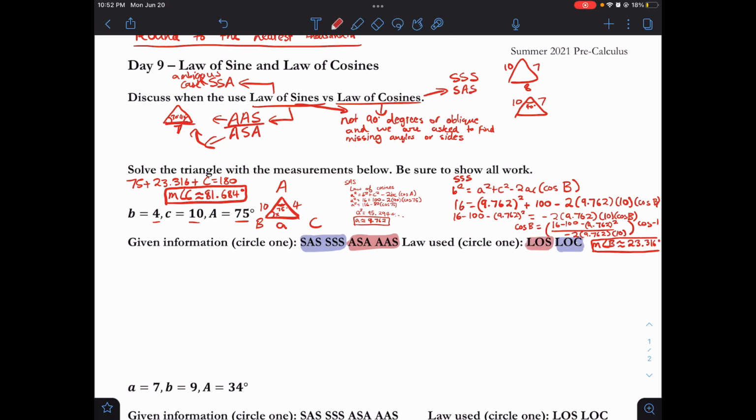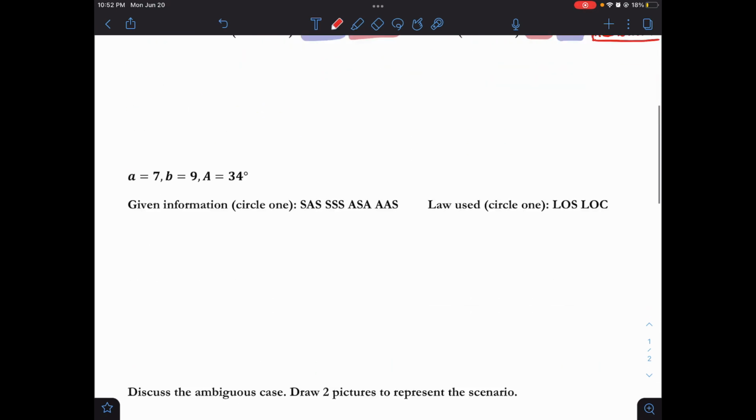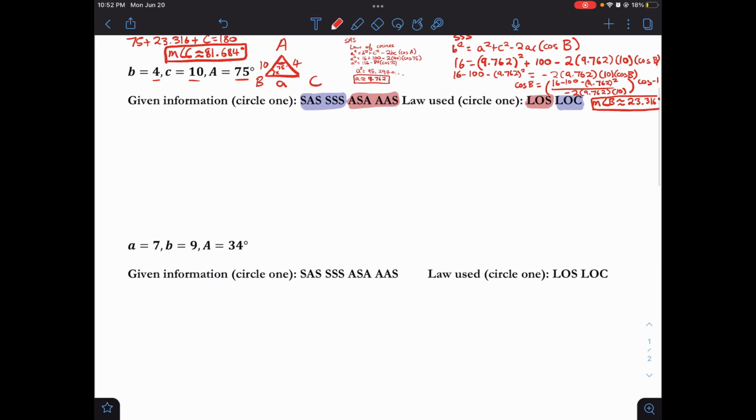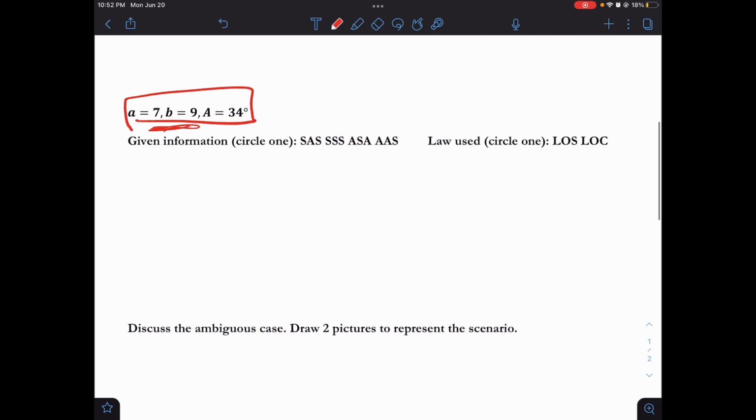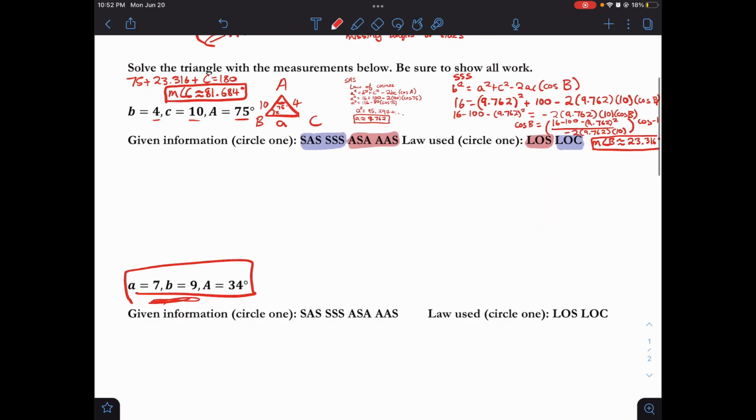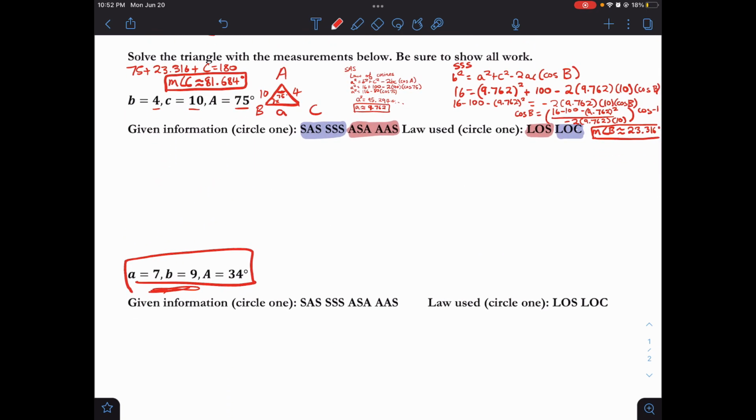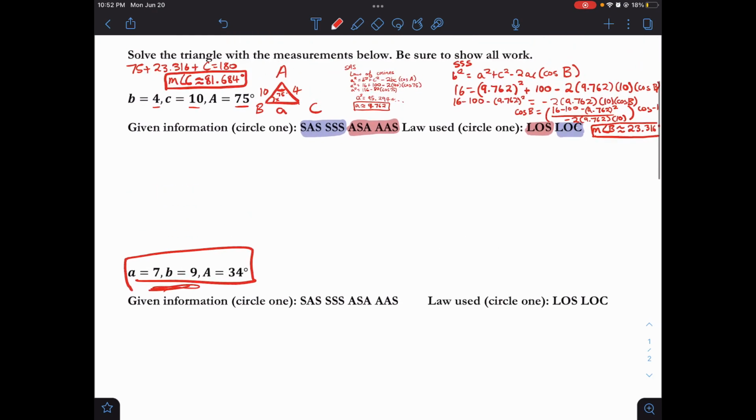Okay, now I'm pretty sure the next one should be the law of sines because, okay, we are given three values. So we're given two sides. Okay, so we're asked for the same question, given information.